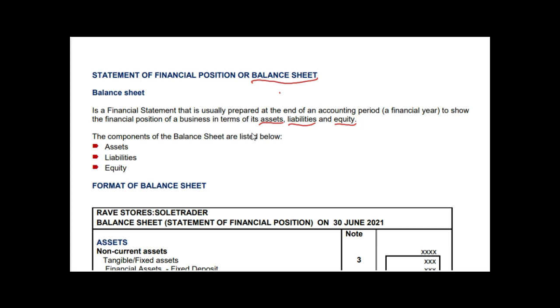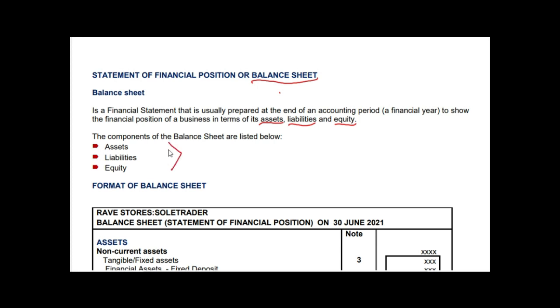So we know that a balance sheet is prepared at the end of our financial year in order to show us the position of the business in terms of its assets, liabilities, as well as owners' equities. And then under the balance sheet we have what you call components.